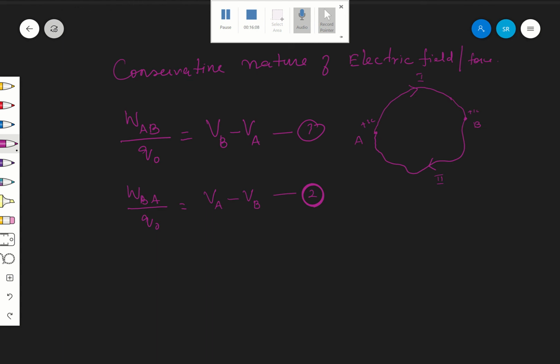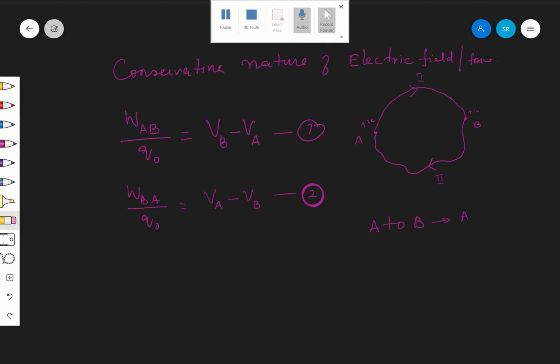Now what am I going to do? Add both, because that gives the total work done. What is the total work done in carrying the unit positive charge from A to B and from B to A?